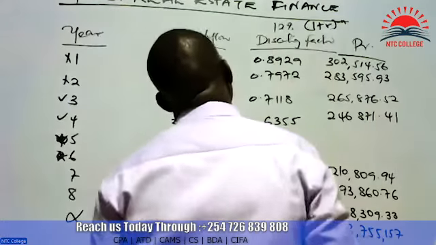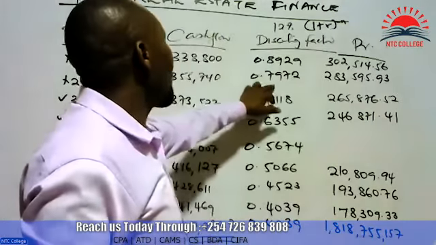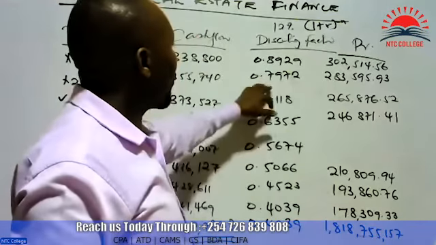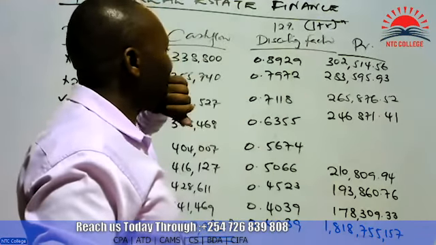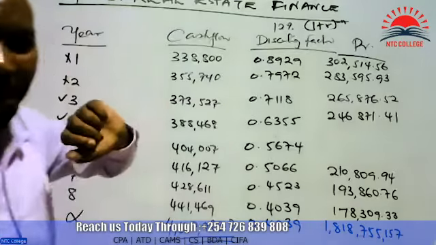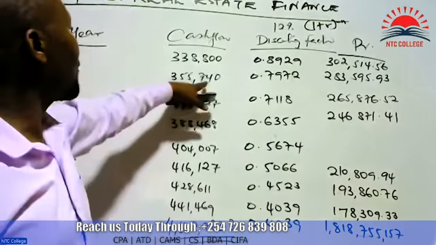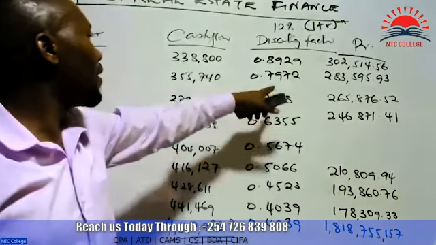Did you multiply? This one is 0.7972. Did you put it on the last one? So we have 355,740 times 0.7972.